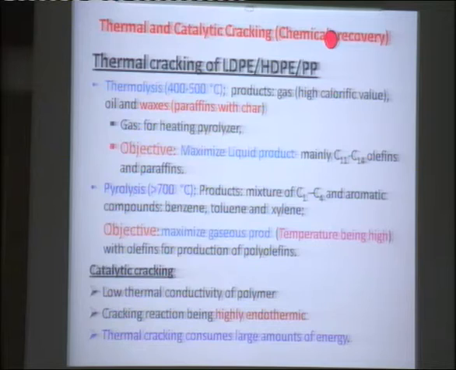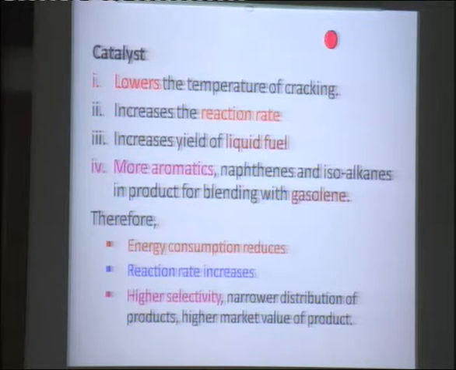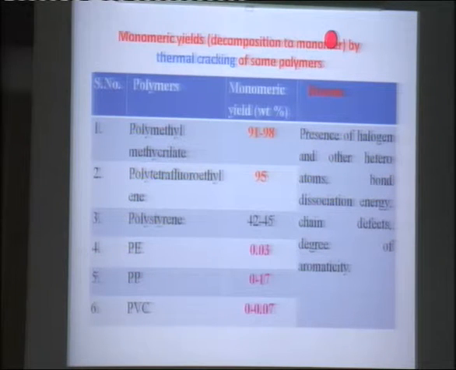Now, thermal cracking. You can crack either thermally or catalytically. If you crack thermally, you will get different types of fuels. But if you use a catalyst, you can reduce the temperature, because cracking is always a highly endothermic process.